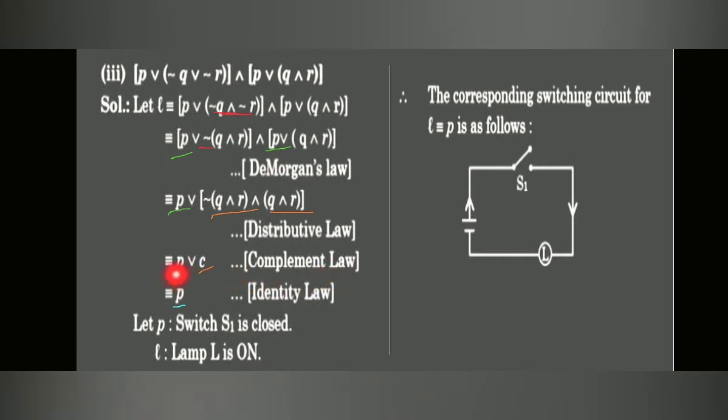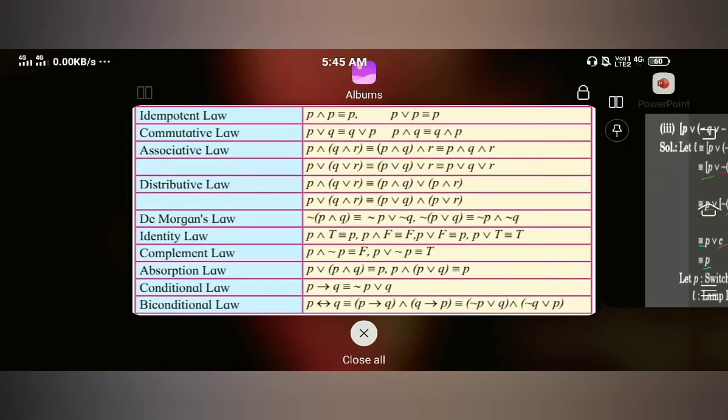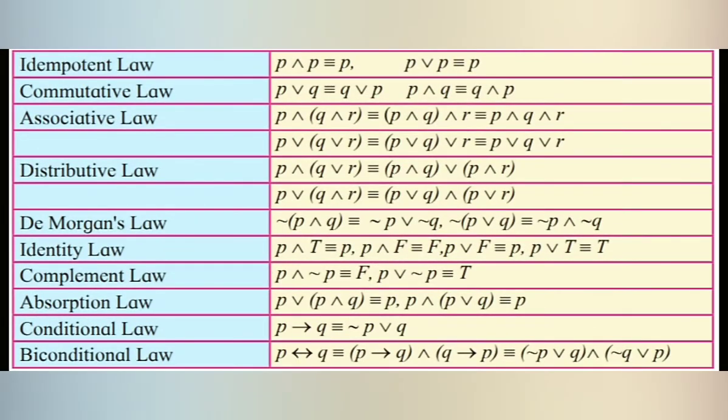Now apply the identity law. Identity law means P or C, or F, is P. See again, the identity law: P and T is equivalent to P, P or F is equivalent to P, and P or T is equivalent to T. Here capital T is also denoted by small t, and capital F is also denoted by small c.